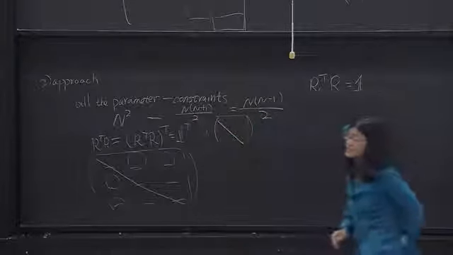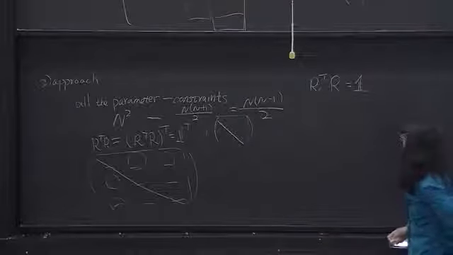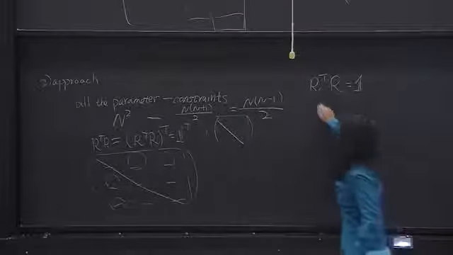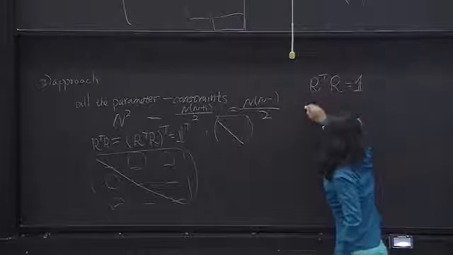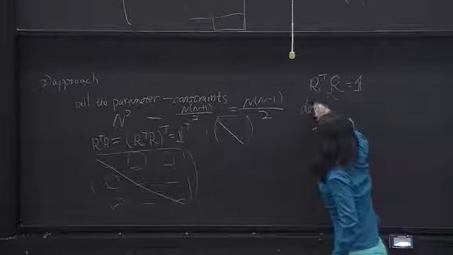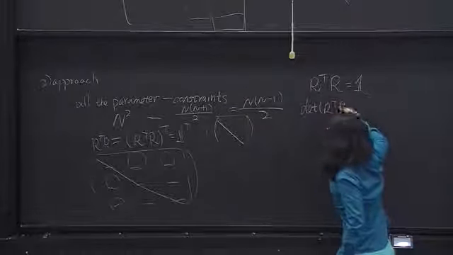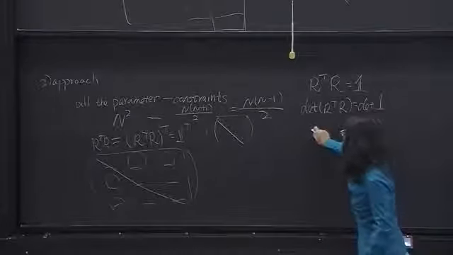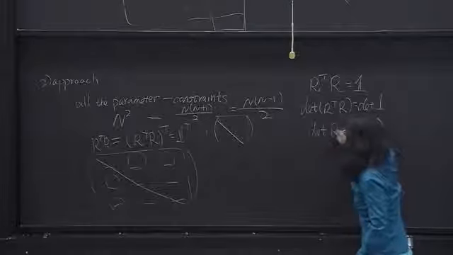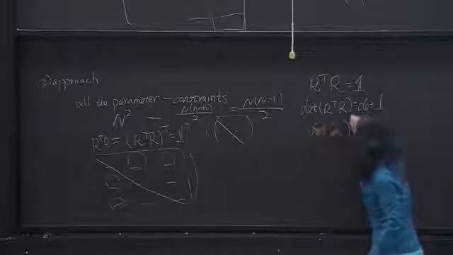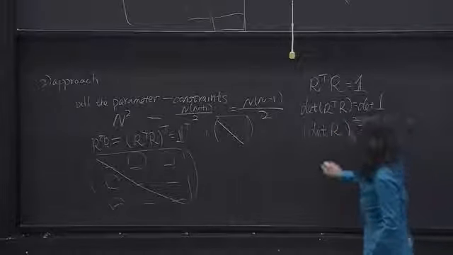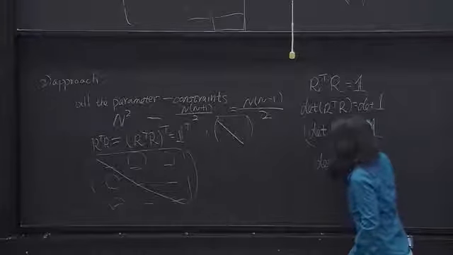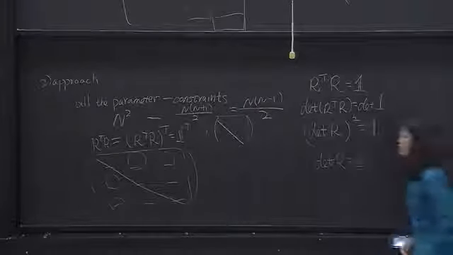And the answer is no. You can take the determinant of this equation, and the determinant of R transpose is the same as the determinant of R. So we get to the conclusion that the determinant of R is either +1 or -1.